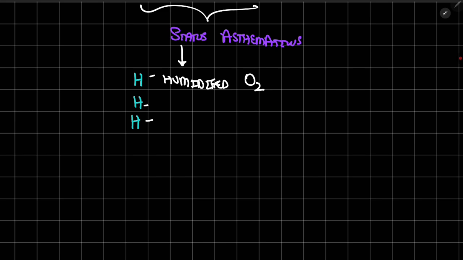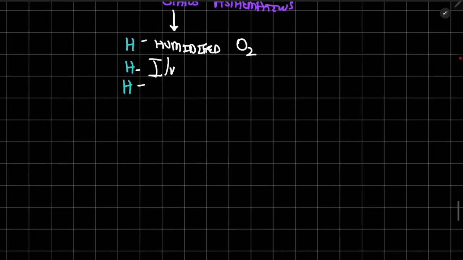Now since he is hyperventilating, we can't give inhalational corticosteroid, so we give IV hydrocortisone injection. And what is the dose? 100 milligram stat.